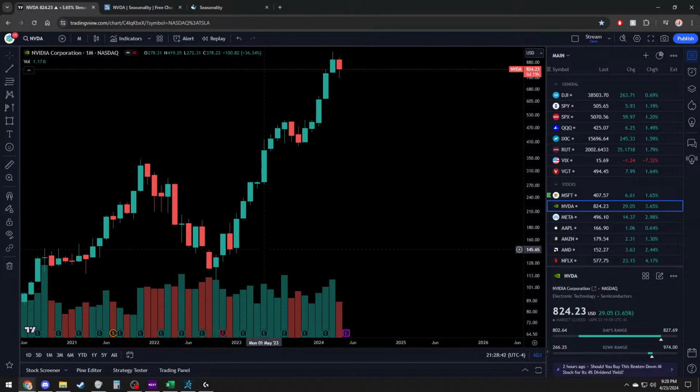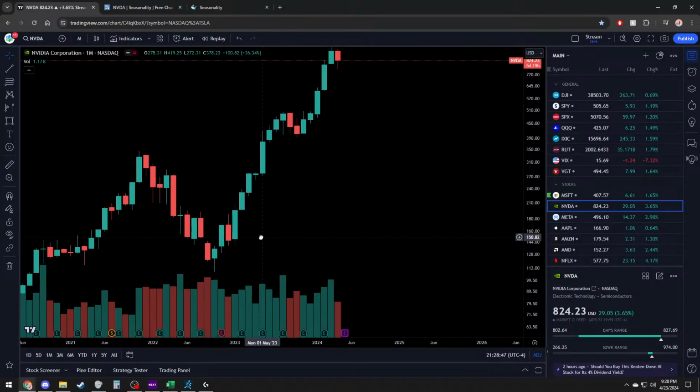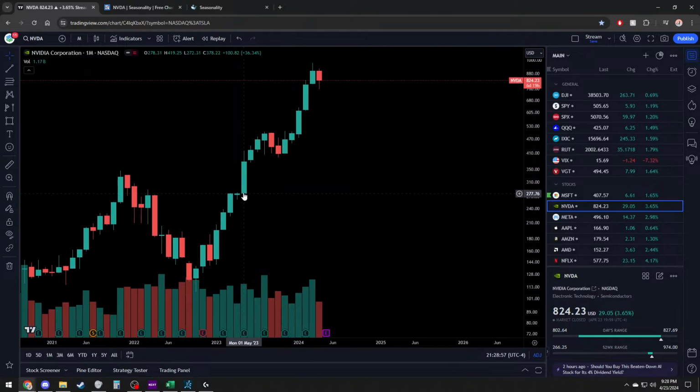May 2023 is right here. NVIDIA went up 36% in 1 month. And that's when the AI story really became mainstream. So, are we going to have something like that? I'm not going to say we're going to have a 36% up month, but could we have a good month? Maybe. We'll see.